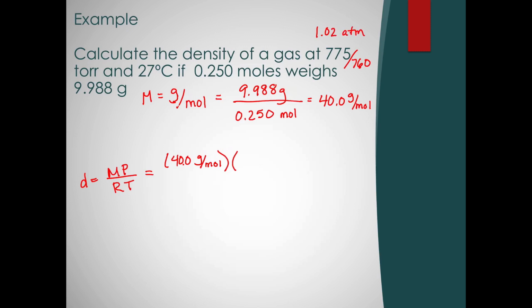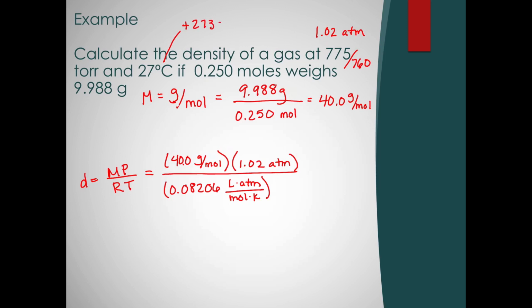So we have 1.02 atmospheres over our R value, 0.08206 liters atmospheres over moles Kelvin. And then we have our temperature, 27 degrees Celsius, so again we need to add 273, and that will get us 300 Kelvin. So then we can just multiply and divide all of that out. We will get 1.66 grams per liter.